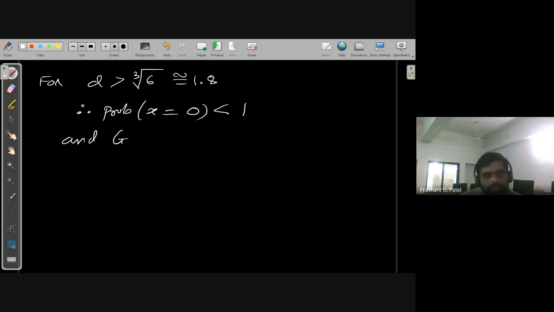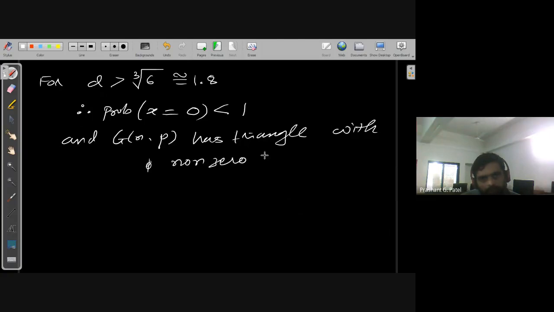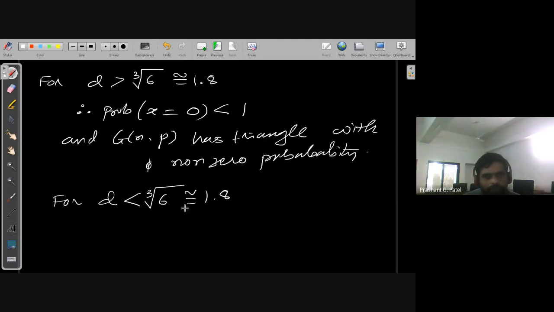And what we can conclude from this is that in the G(n,p) graph model where p is d by n, the graph has a triangle with non-zero probability. And for d less than this value, the number of triangles is very close to 0.